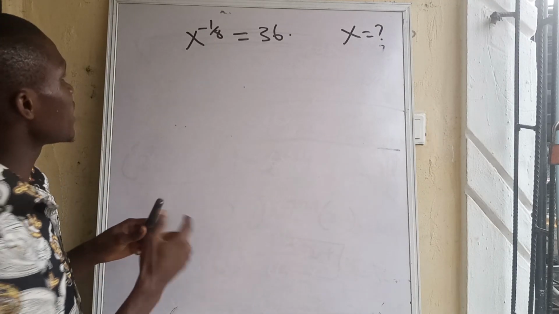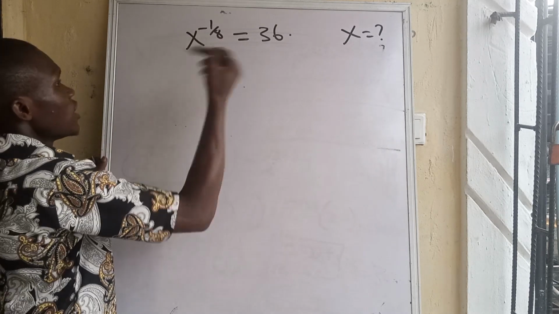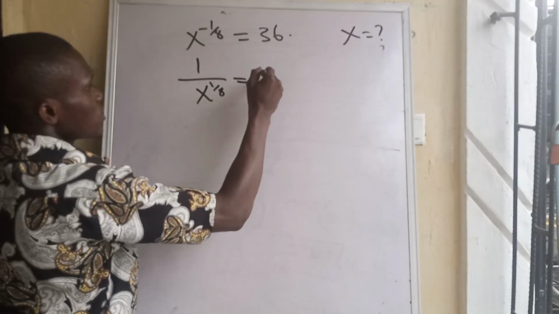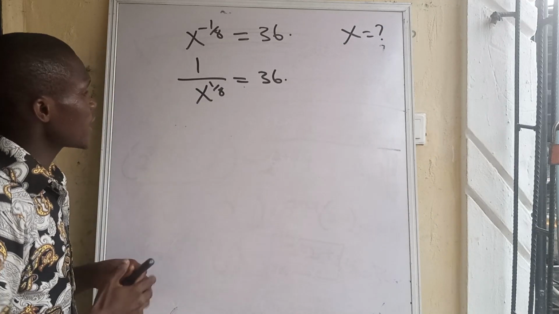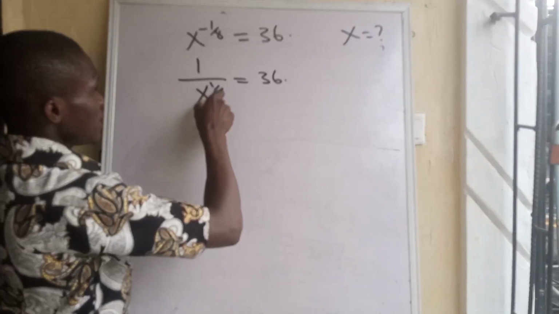So how are we going to remove the negative sign? We can remove the negative sign by writing this one down. So we can simply write this to be 1 all over x to the power of 1 all over 8 equals 36. Okay, having this, we are looking for x. We can simply put this down, then put this up.